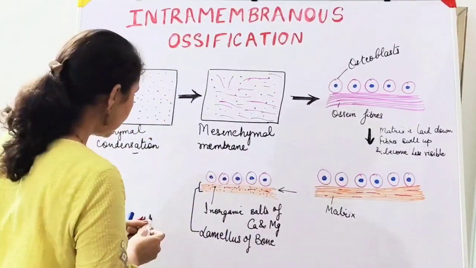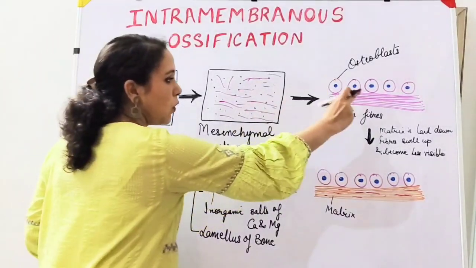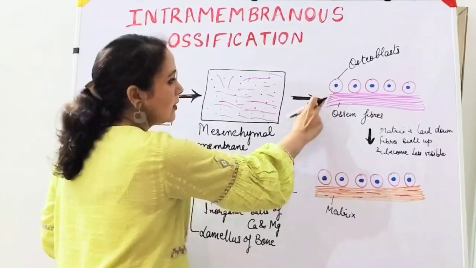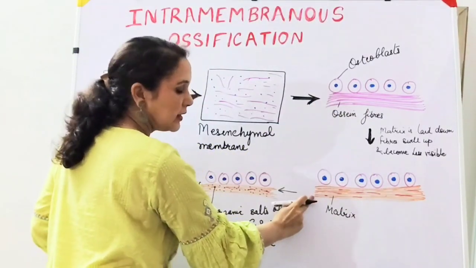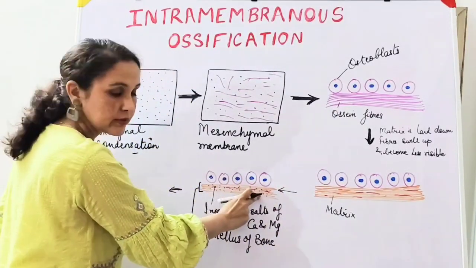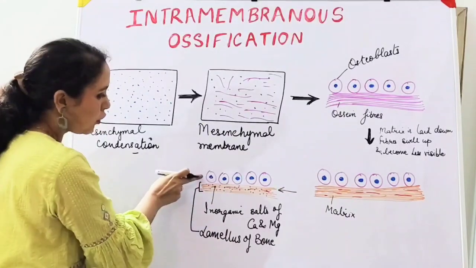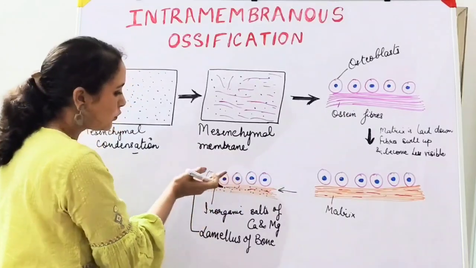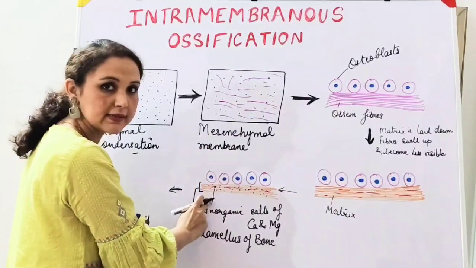Now coming to the next step. What will happen? See, all these steps will keep on repeating. Starting from the osteoblasts, they laid down the ossifying fibers, then laid down the matrix, then there was deposition of the various salts. Now this lamellus is formed, the osteoblasts will lay down another lamellus, and while doing so they will move away from the already formed lamellus.